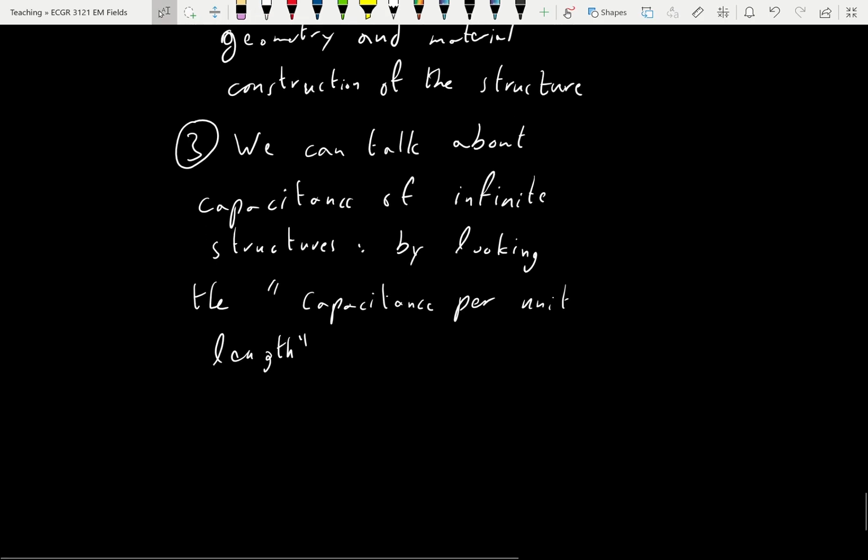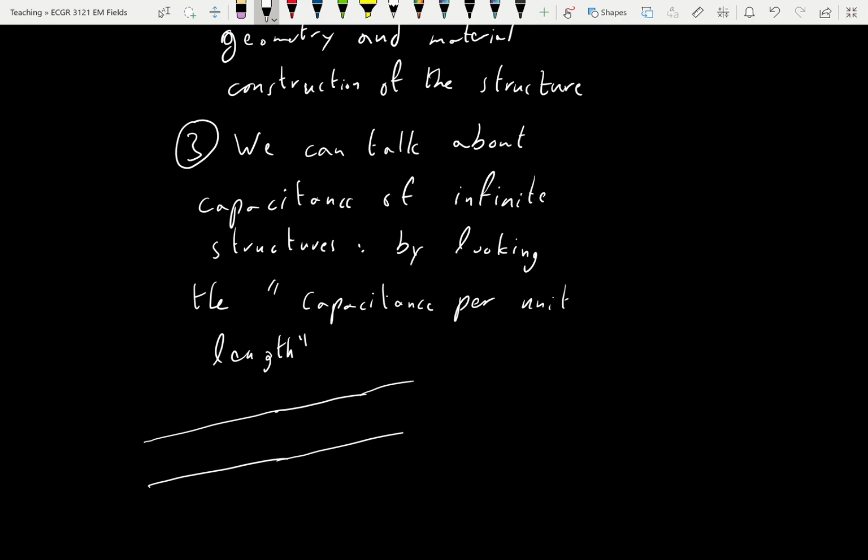We'll do an example perhaps next lecture or during recitation. What if we have a structure that we can consider infinite? For example, transmission lines. Those transmission lines extend for a very long distance. We don't need to talk about the capacitance of the whole thing. We can just talk about the capacitance per unit length, like per 1 meter, for example.